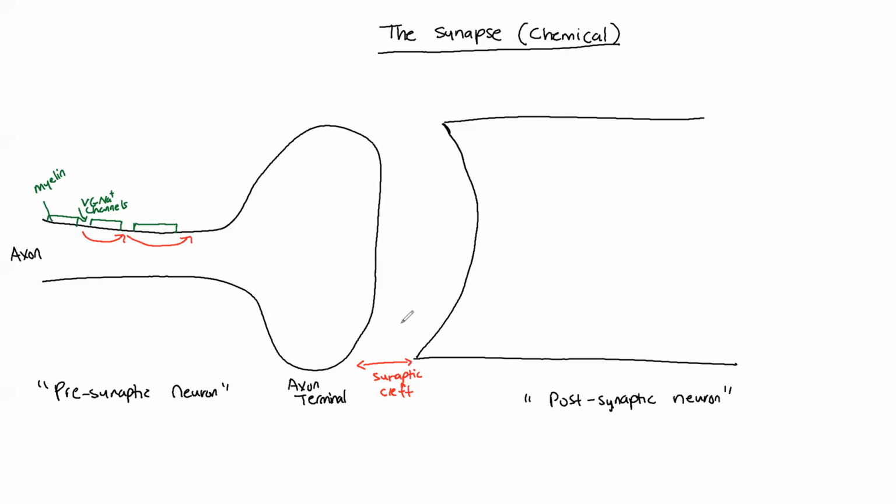And then when it gets to the axon terminal, there are no longer voltage-gated sodium channels. So we can no longer have an action potential at the axon terminal. Instead, what we see are voltage-gated calcium channels studding our axon terminal here.